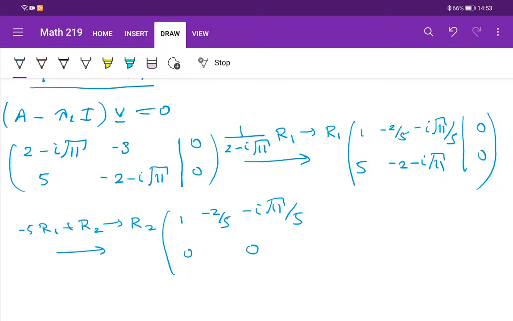Okay, so we expect to get a row of zeros. So this matrix is not invertible. We know that its determinant is equal to 0, so it's not invertible. Eventually you must get at least one row of zeros. So we get this.